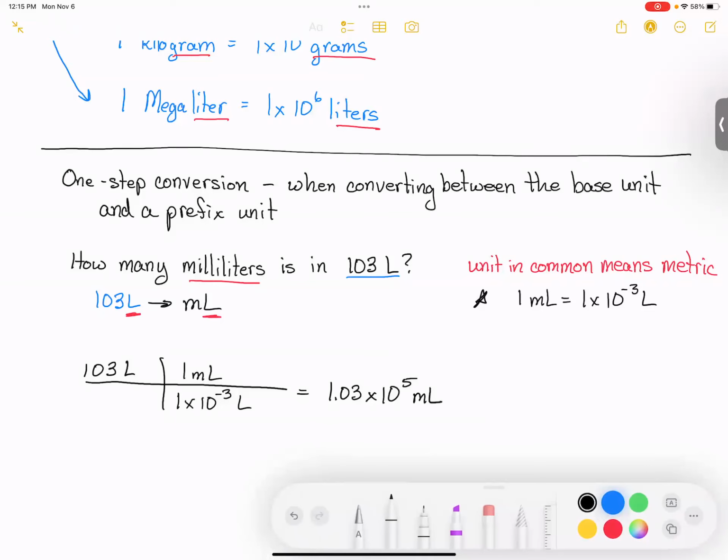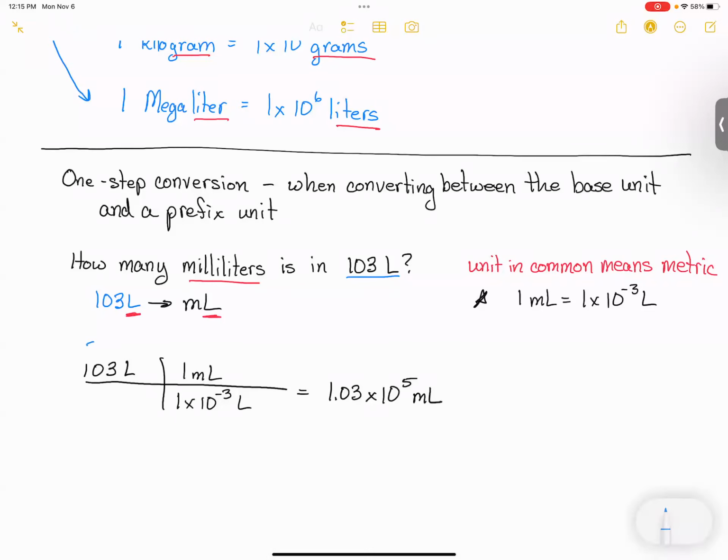As far as significant digits go, this 103 has 3 significant digits. Metric prefix conversion factors have an unlimited number of significant digits. And so the one with the fewest was 3 significant digits. So that's why I put it in scientific notation so that I could have 3 significant digits.